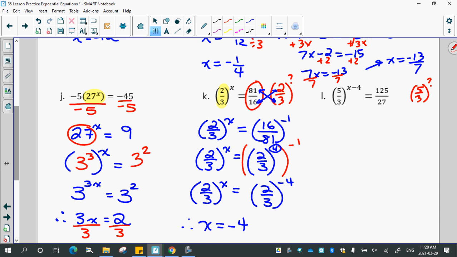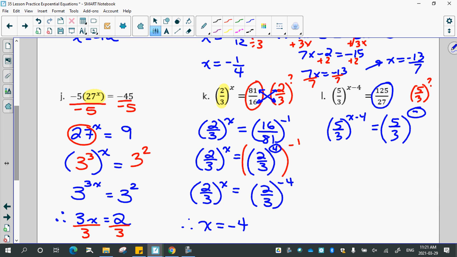Yes, so I don't have to flip this time. I wouldn't have to flip because I can write 125 as 5 to the something. So that would be my next step then, would be to see what number works if I want to write this as 5/3 to some exponent. What would that exponent be?